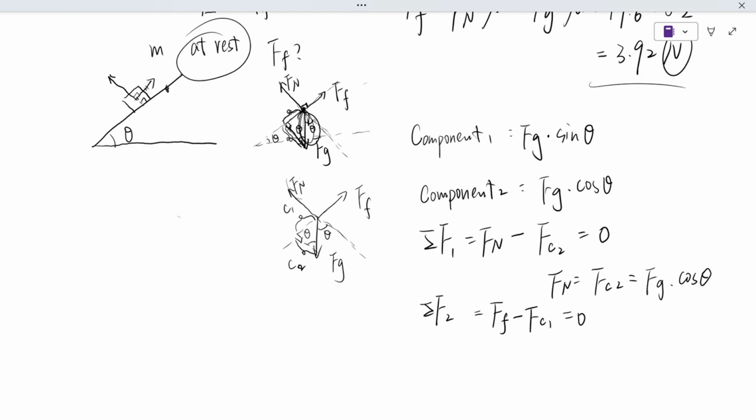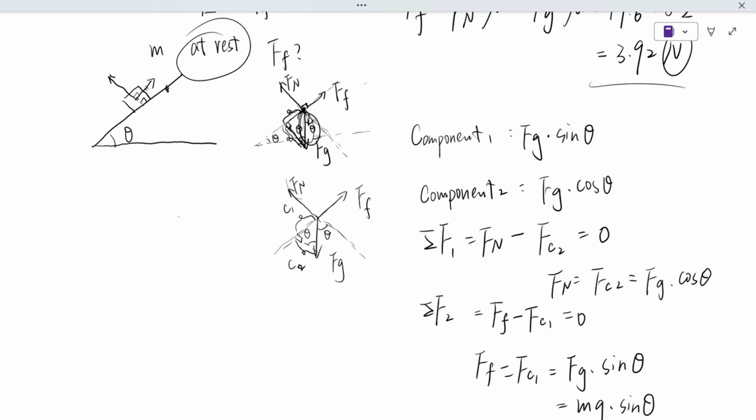So we get Ff equals FC1, which is component number one, which means it's equal to Fg times sine theta. Also, Fg is equal to mg, which means Ff is equal to mg times sine theta.